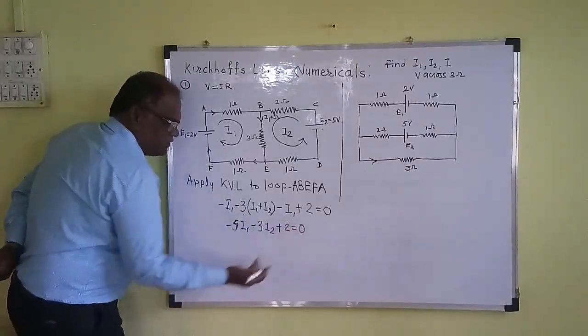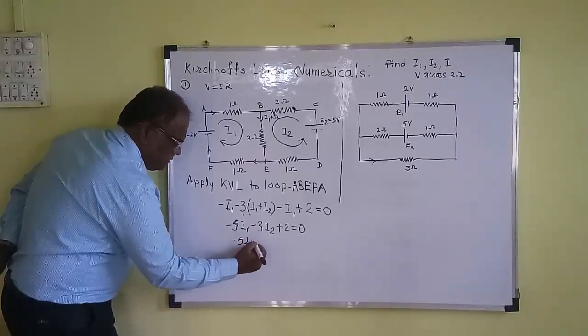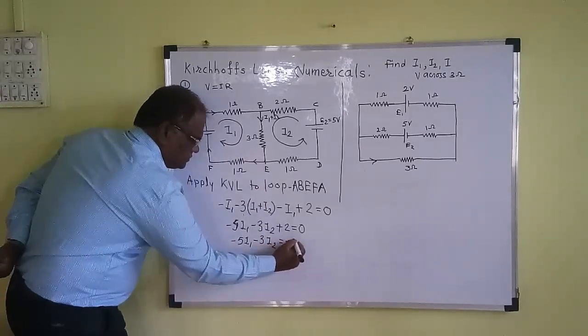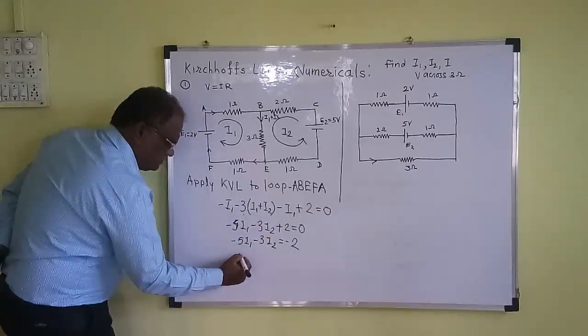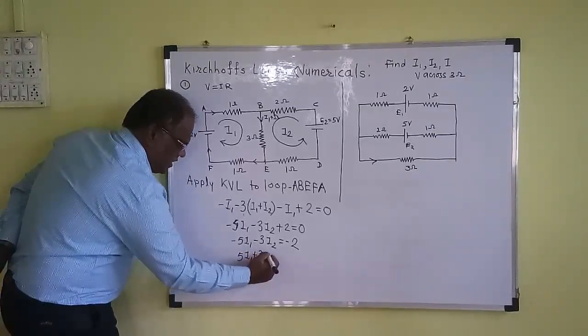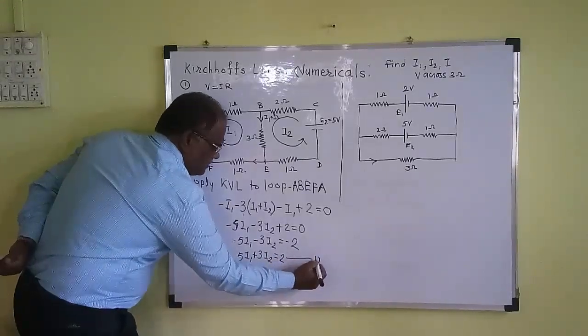When 2 is transferred to this side, I will get minus 5I1 minus 3I2 is equal to minus 2. Again, 5I1 plus 3I2 is equal to 2. This is equation 1.